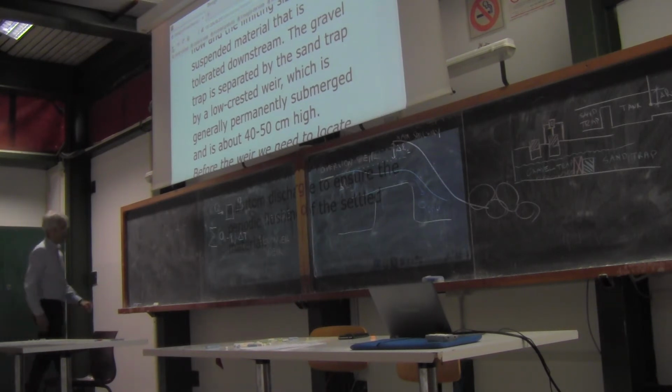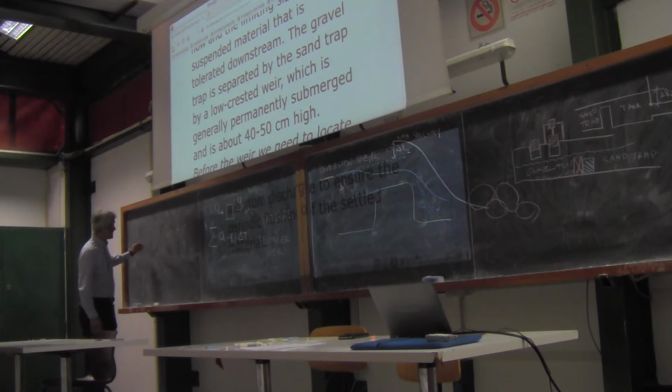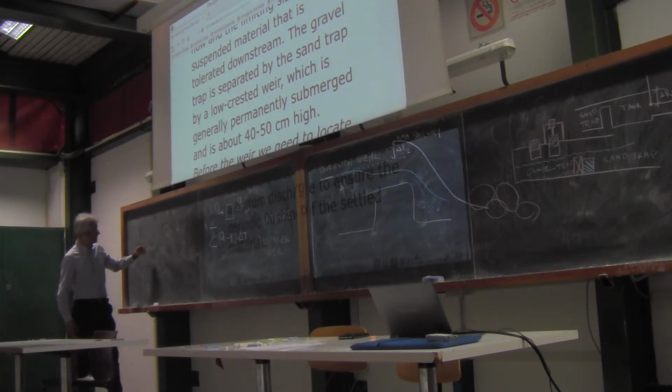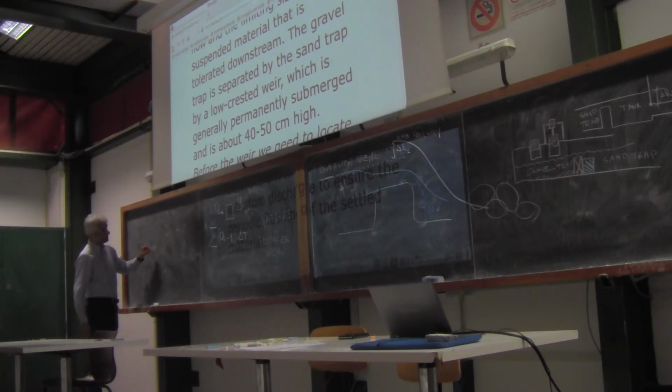And therefore, if the depth is about 1 meter, the transversal area A, which I determine in this way, is equal to the width of the sand trap times, I'm not sure whether W is the symbol that I used there, sorry for that, if it's different, don't get impressed, let's indicate here with W the width of the sand trap times the depth D. The depth is about 1 meter.